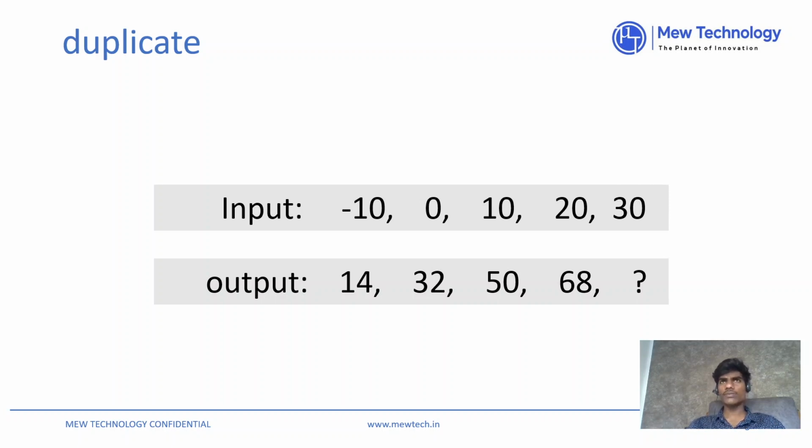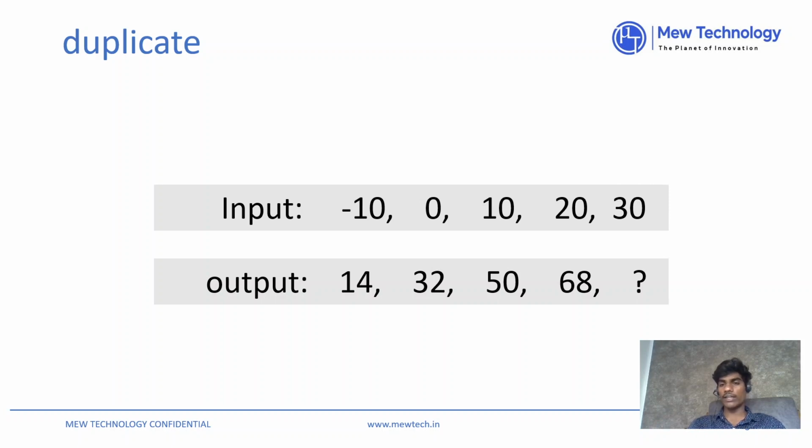I'll say it again. If I give input value 10, I get output value 14. If I give input value 0, I get output value 32, and so on. The same way, I give 10, I get 50. I give 20, I get 68.